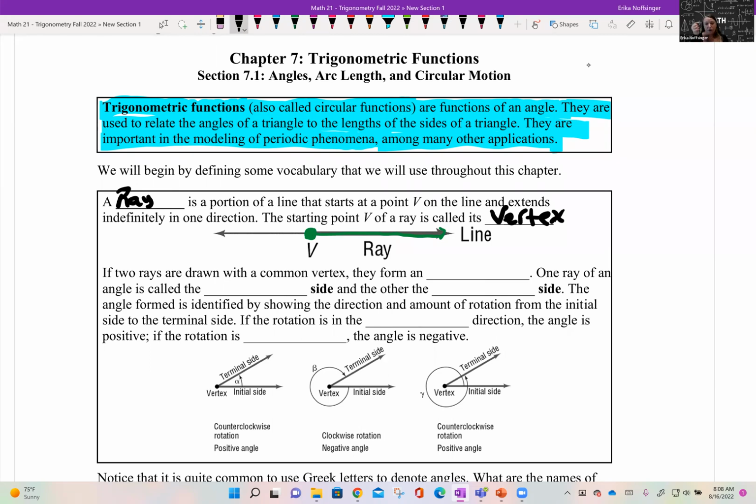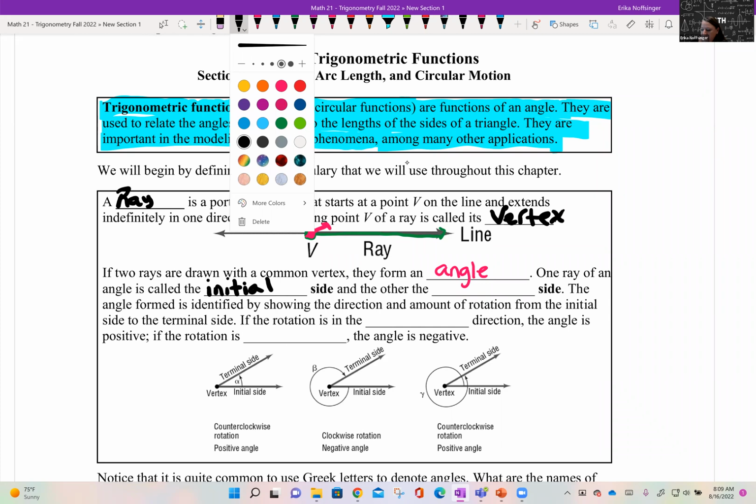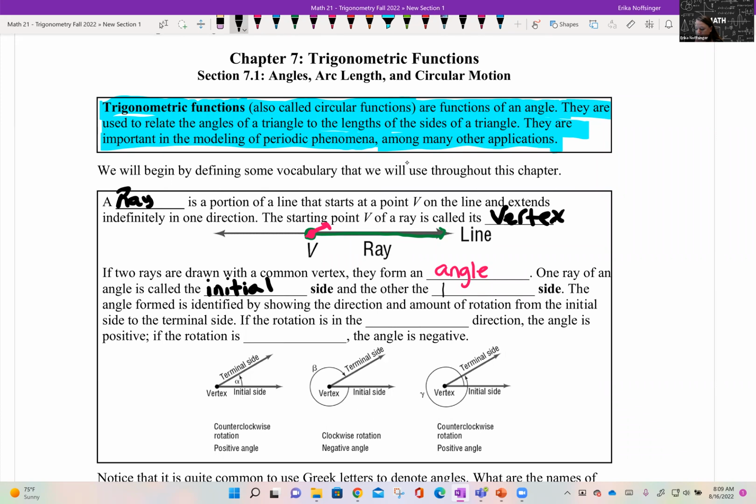Okay, so if we take this ray and put two of them together, both starting at this vertex, then they form an angle. One ray of an angle is called the initial side, and the other side of the angle is called the terminal side.